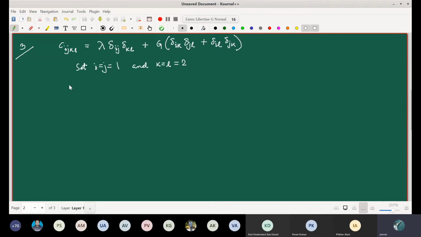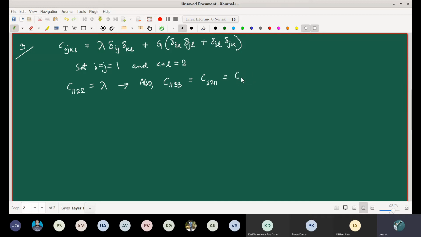Okay, so then what we'll have is C 1 1 2 2 is equal to lambda, and that is one of the answers for lambda. I'm saying one of the answers because it is very much possible that you can also write this equivalently as C 1 1 3 3, and C maybe 2 2 1 1.